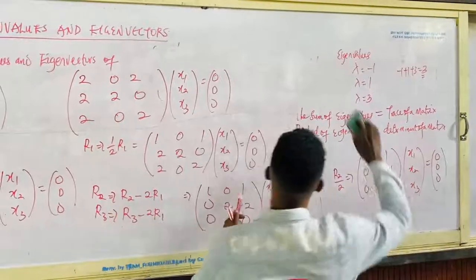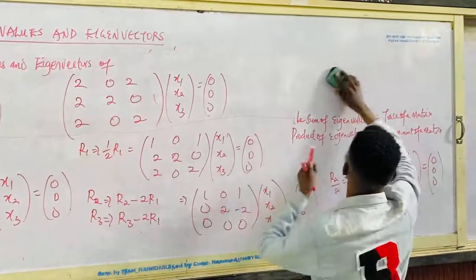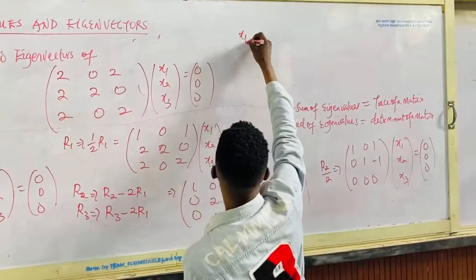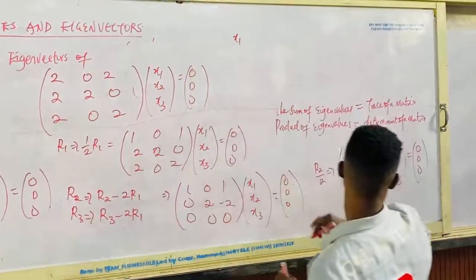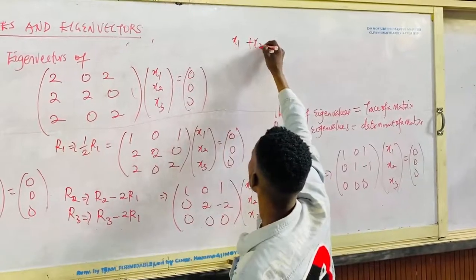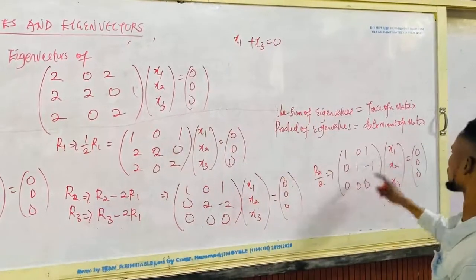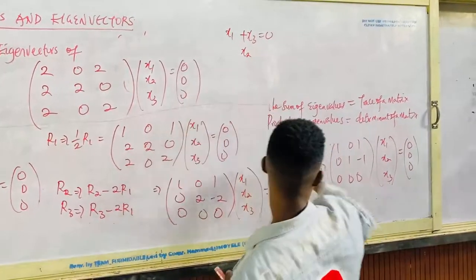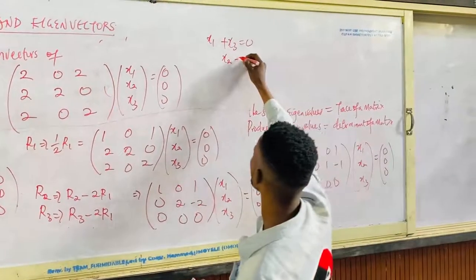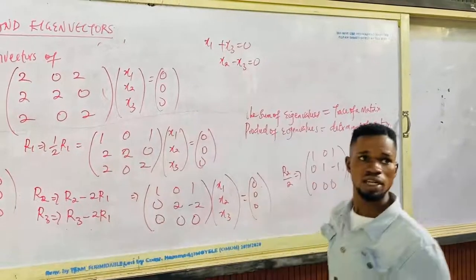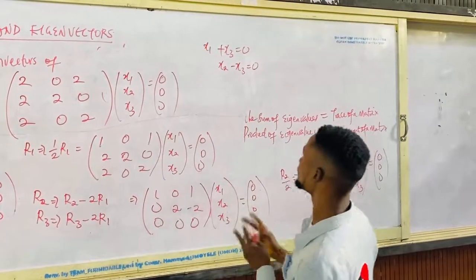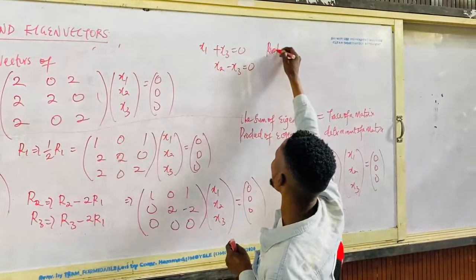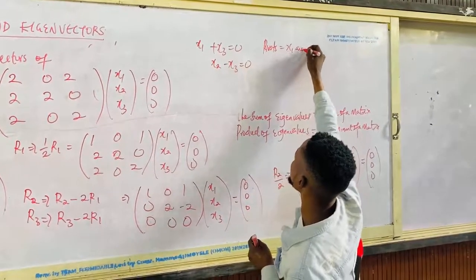The eigenvectors: 1 times x1 plus 0 times x2 plus x3 is 0. 0 times x1 plus x2 plus x3 equal to 0. Now because there's something we call pivot and free variable, the pivots are the leading elements, x1 and x2.